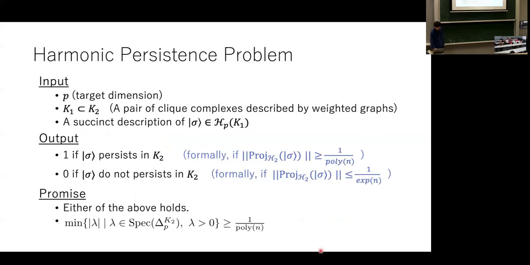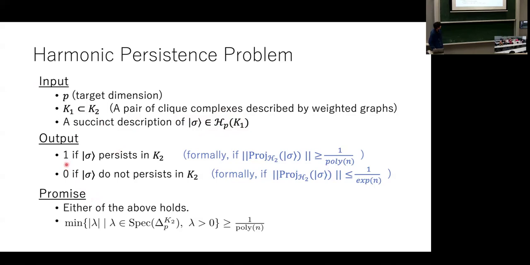And this is a formal way of describing our problem. You are given a harmonic dimension and the description of the two complexes. Each of them is given by a graph adjacency matrix, and you are also given a succinct description of an element in the harmonic homology group of K1.